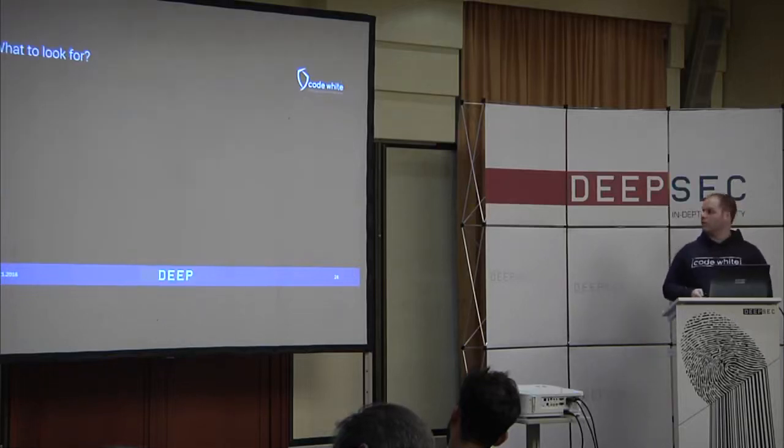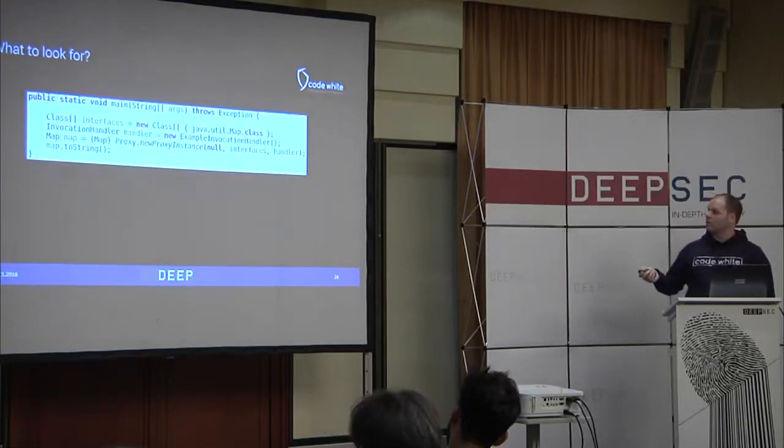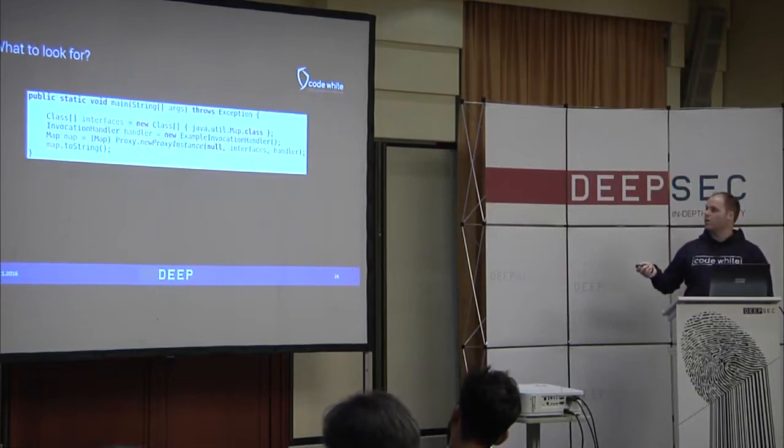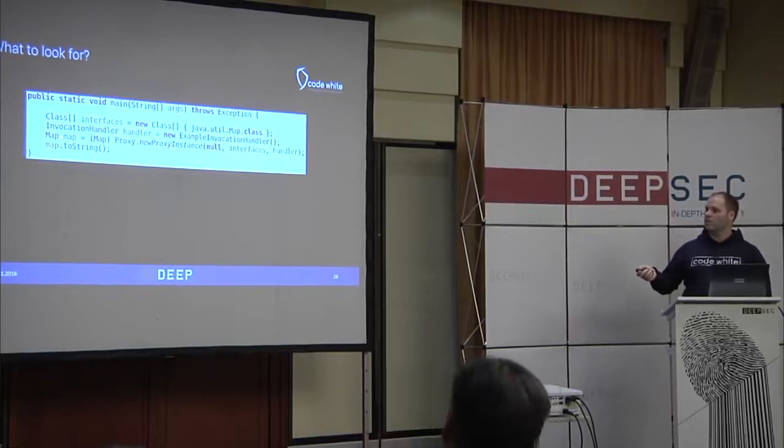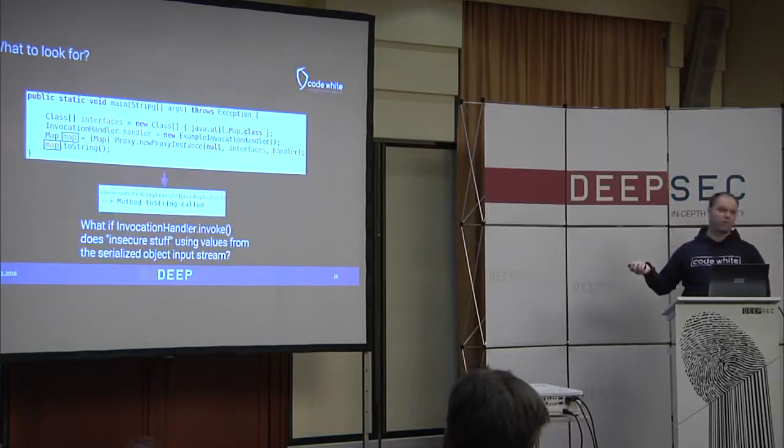And now let's create a proxy. Let's say we want a proxy for a Map interface. We use the ExampleInvocationHandler. We create with Proxy.newProxyInstance a proxy which implements the Map interface. And when we call the toString method on our proxy, what will happen? Method toString is called.